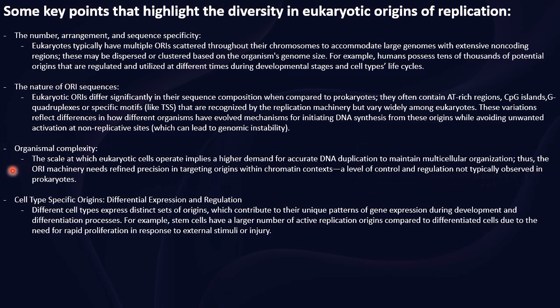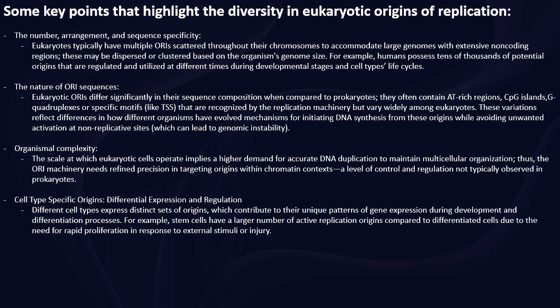Now, the fourth point is cell type specific origins, differential expression, and regulation. Different cell types express distinct sets of origins which contribute to their unique patterns of gene expression during development and the differentiation process. When we combine this example and the previous example, we can get a clear picture. Stem cells are specialized cells which can perform cell division at an extremely high rate, even though stem cells and normal eukaryotic cells contain the same copy of the genome.